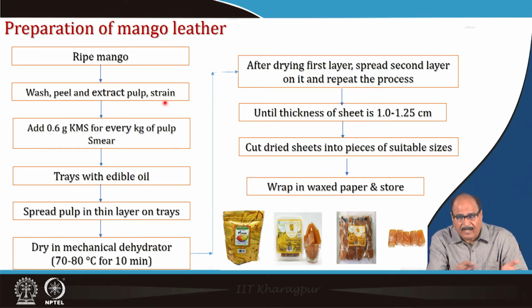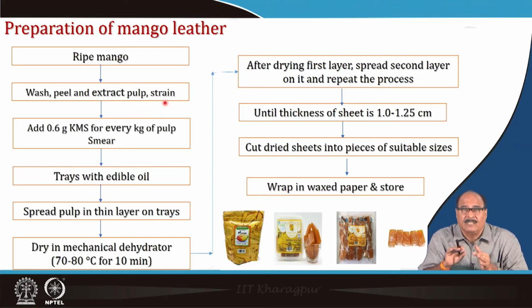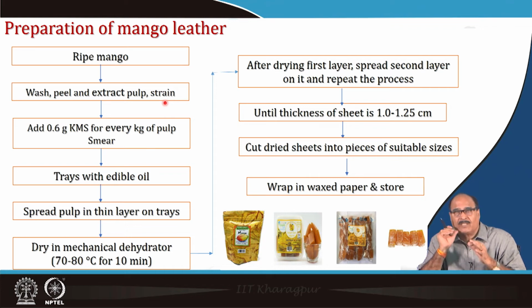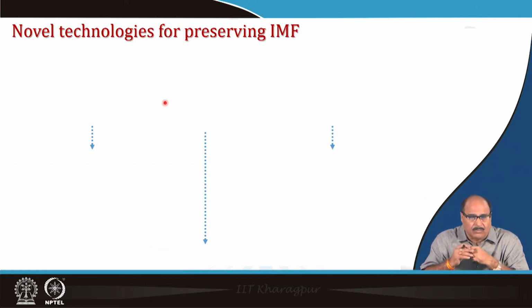After drying the first layer, spread the second layer on it and repeat this process until the thickness of the sheet is maybe 1 to 1.25 centimeter; several layers are put. Then cut the dried sheets into pieces of suitable sizes, wrap in waxed paper and store. So, that is the mango leather, an intermediate moisture food.